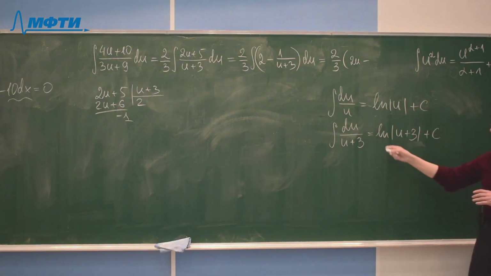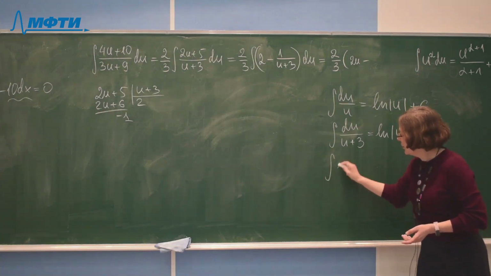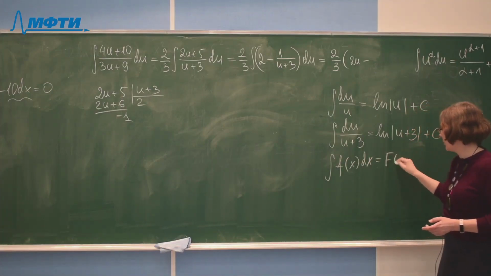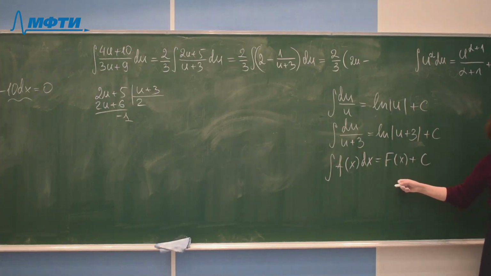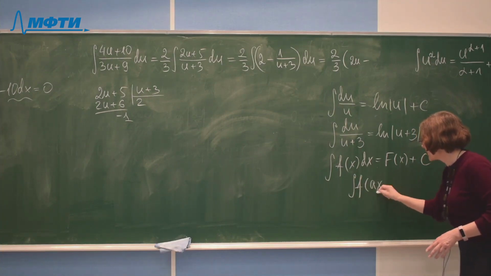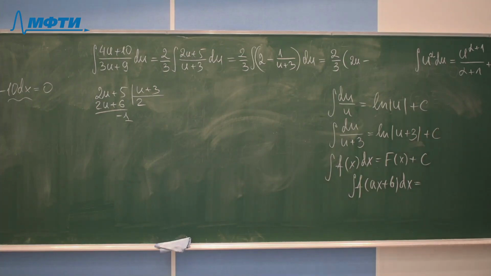So you may make a linear substitution if you need, but maybe you can remember this rule. The rule is the following. If we know that the integral of f of x dx is equal to capital F of x plus c, suppose you know this from the table maybe, then we can easily integrate the function f of ax plus b. What is the answer? Almost the same.